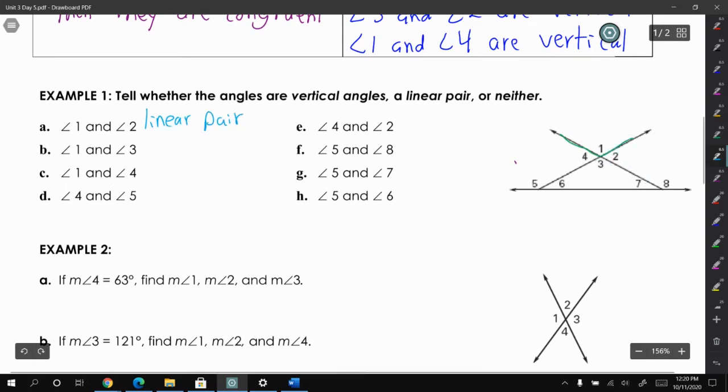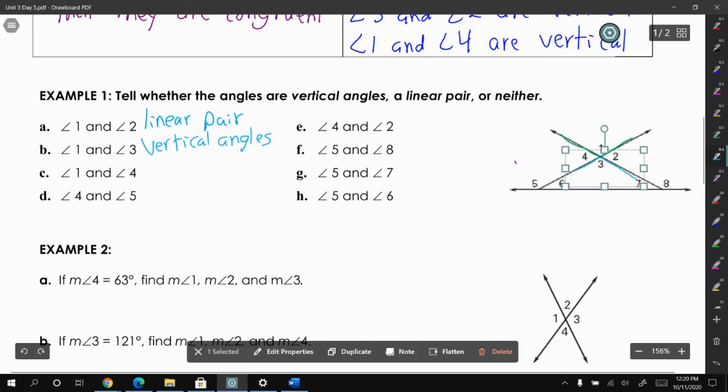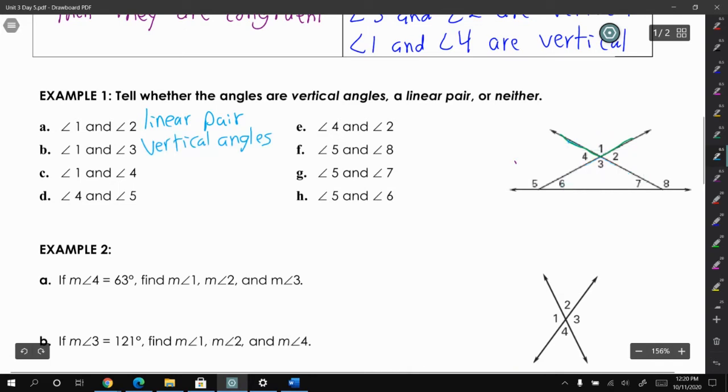Angles 1 and 3, those are across from each other. Those are vertical angles. And then angle 1 and angle 4, well, they form a line as well, so we call that a linear pair as well.